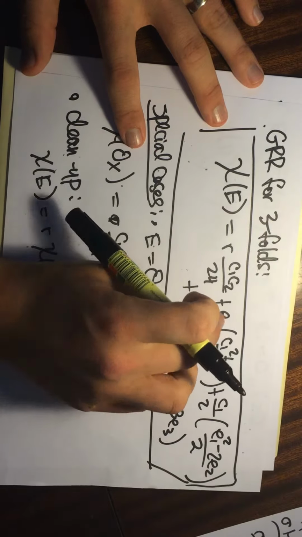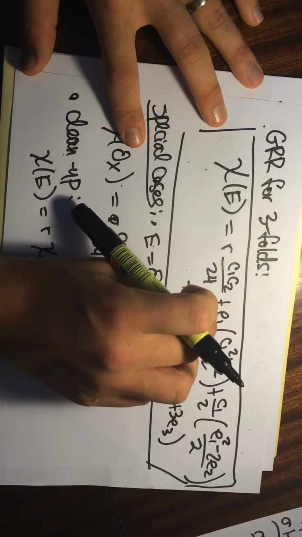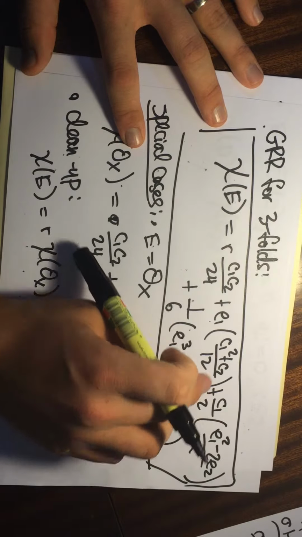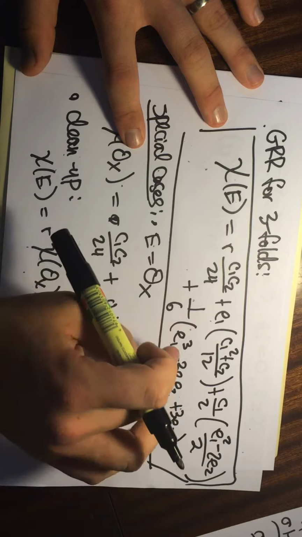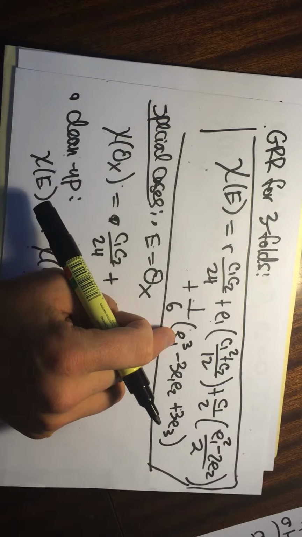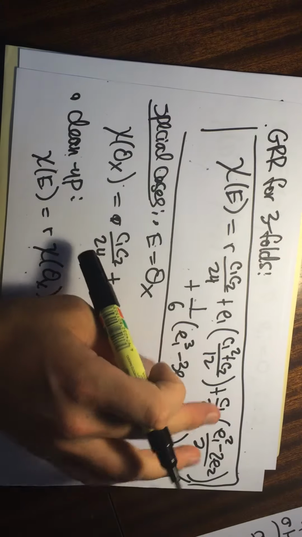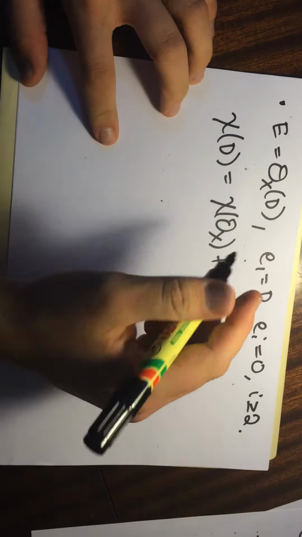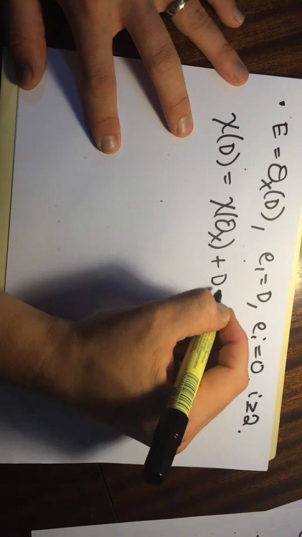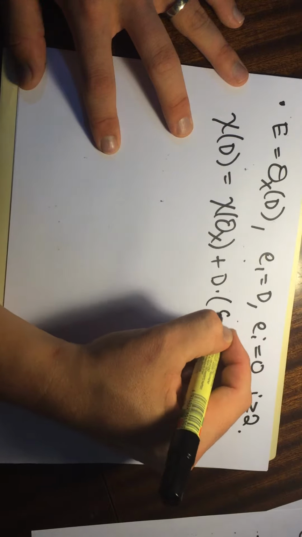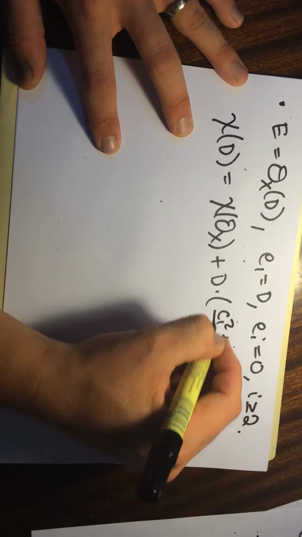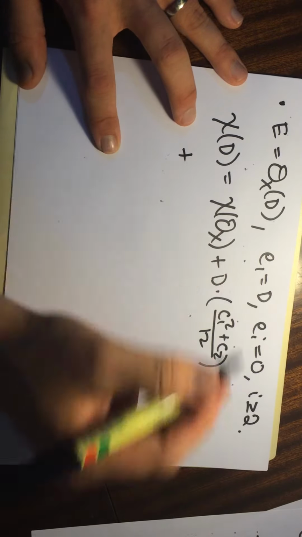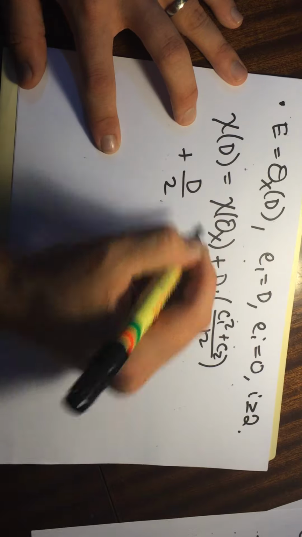This is just going to be equal to D, this is going to be D as well. So we just have these two terms, and then this term here as well. So we have D times (C1 squared plus C2) over 12.